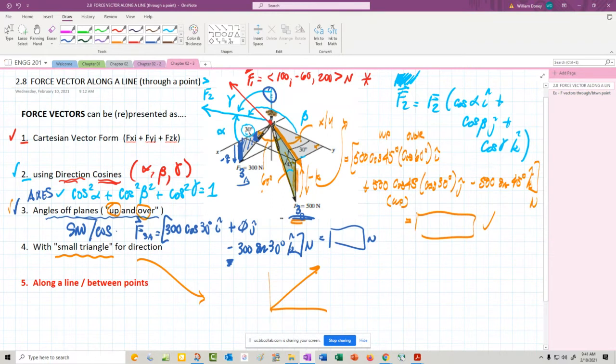The small triangle one is when we're given, obviously, the direction of this vector. Let's say it's 100 Newtons by a little triangle. And let's say that's a 3, 4, 5. It's always going to be a right triangle.